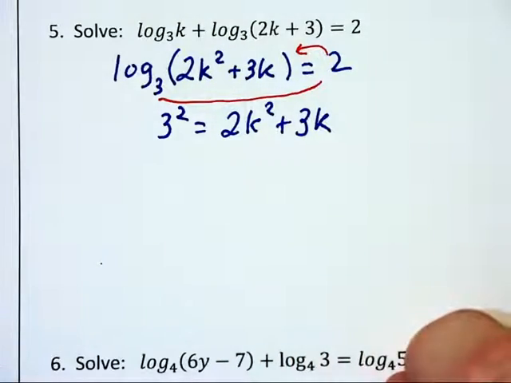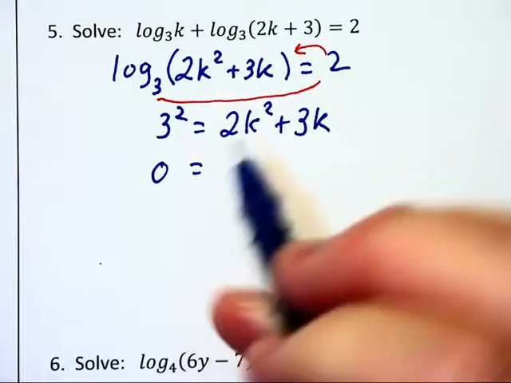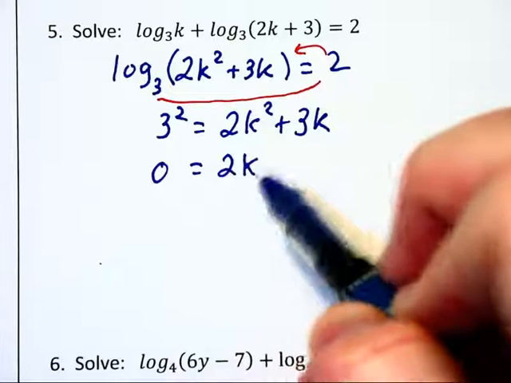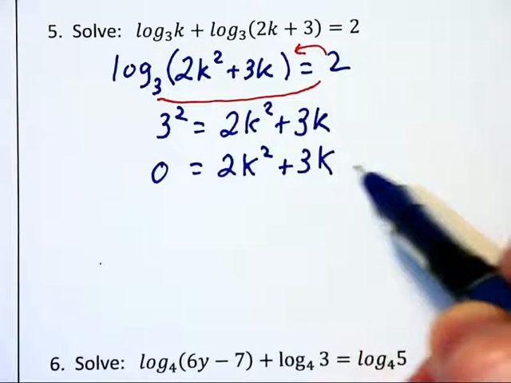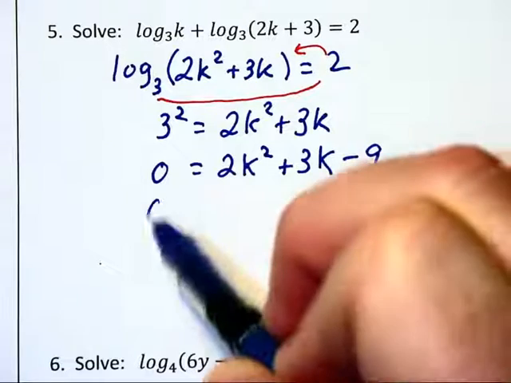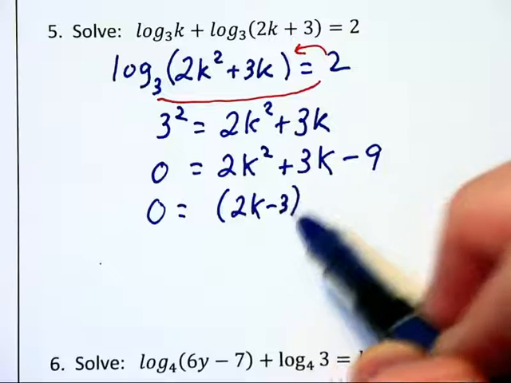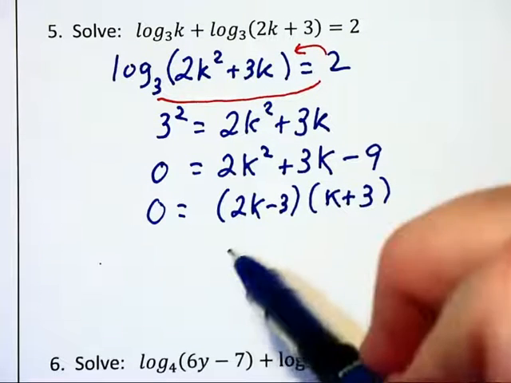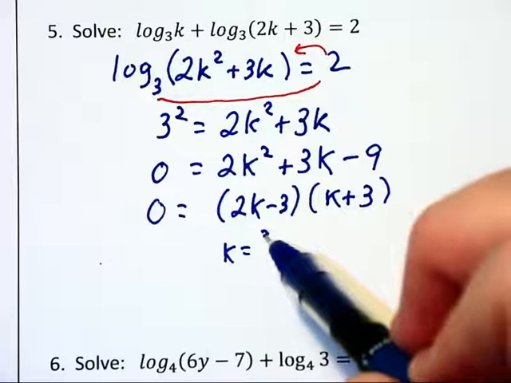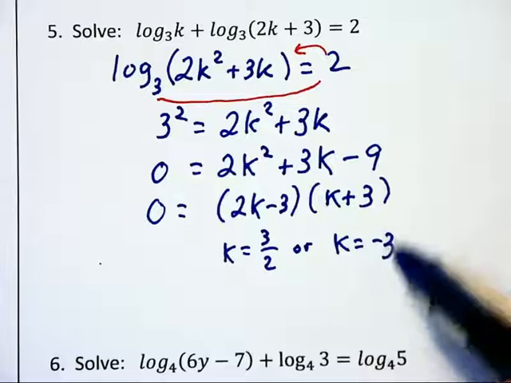That is a quadratic equation which we want to set equal to 0, so we would subtract that 3 squared, or 9, on each side, giving us 0 equals 2k squared plus 3k minus 9. That will then factor into 2k minus 3 times k plus 3, and we have two potential solutions. One would be a solution of 3 halves, the other would be a solution of negative 3.